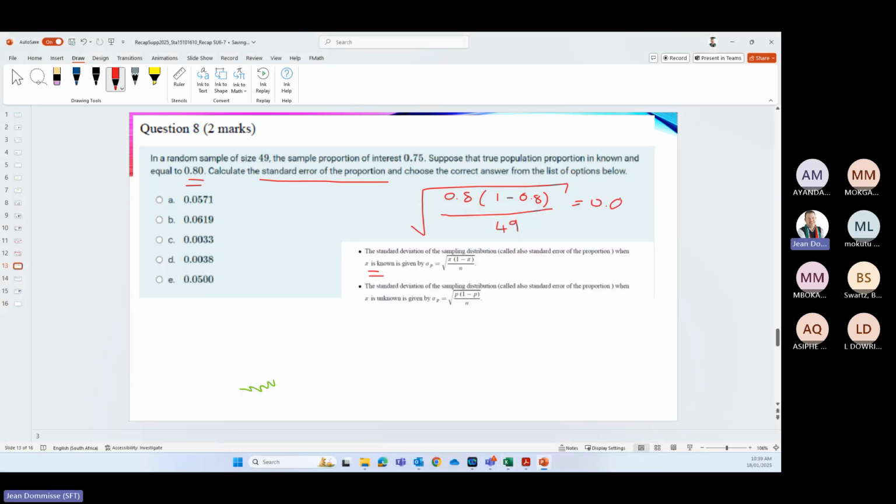Okay, so just be careful with a question like this, because they've given us the sample proportion. So if you did use the sample proportion, let's see what your answer would have been. 0.751 minus 0.75.